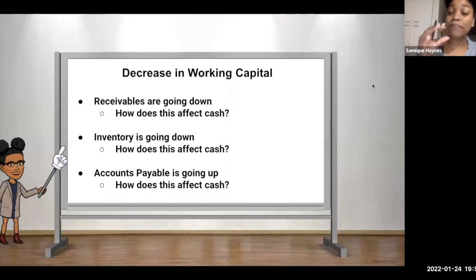So if our accounts payable is going up, that means that we are, are you sure? If accounts payable is going up, what are we doing for accounts payable to go up? What causes accounts payable to increase? It means that the business is doing what?